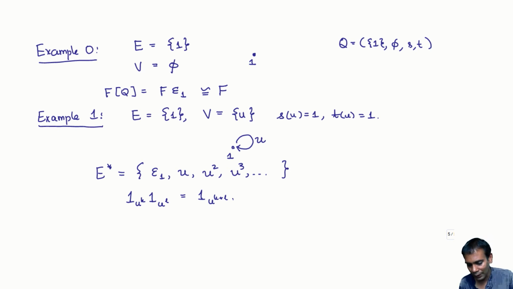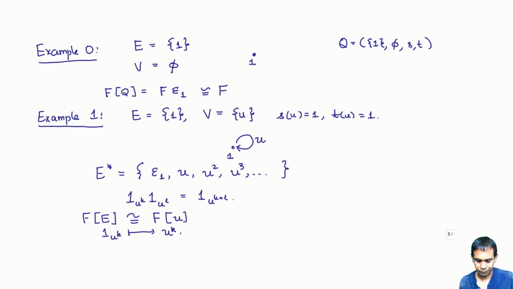So I claim that this algebra is isomorphic to F[x], the polynomial algebra in one variable, and this isomorphism is given by taking 1_{U^k} to the monomial x^k. Okay, this is easy to check.